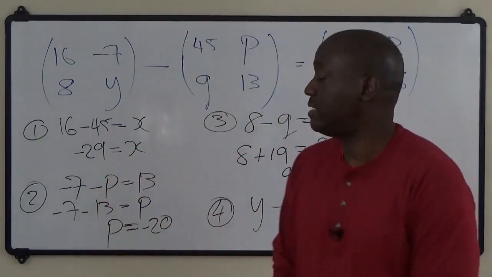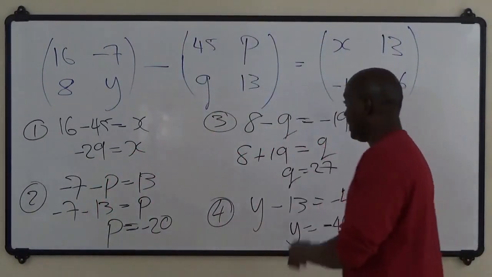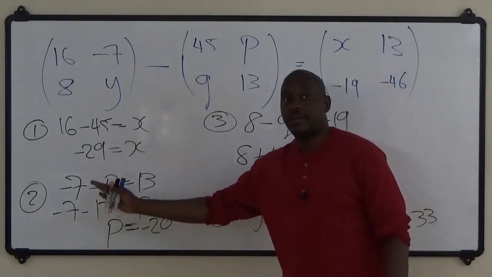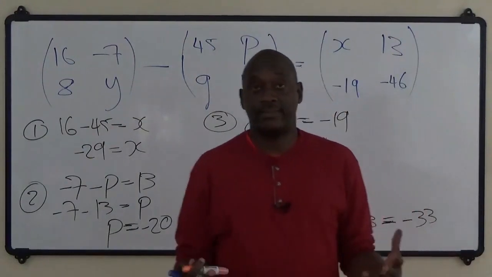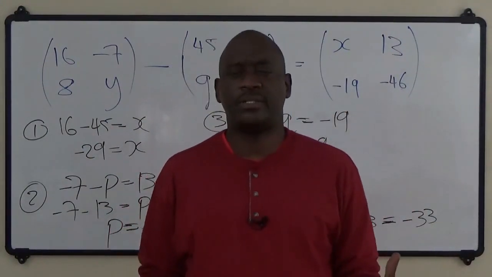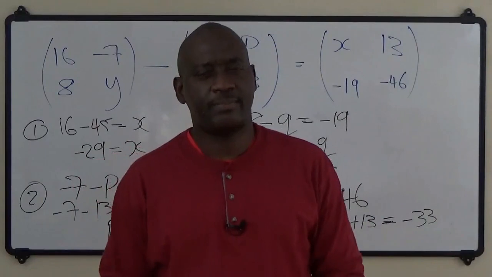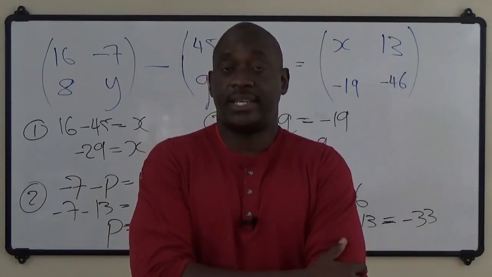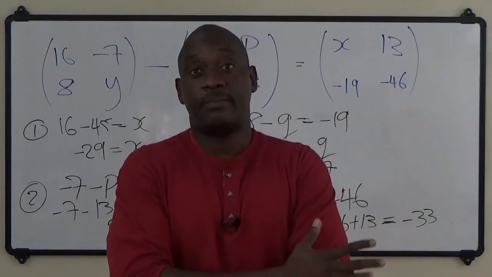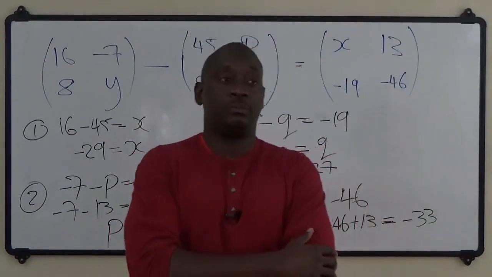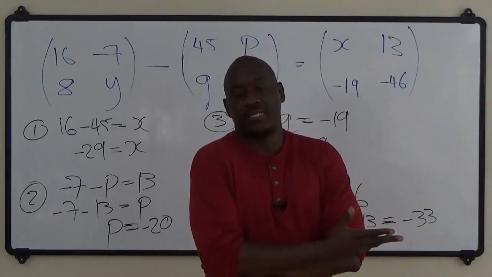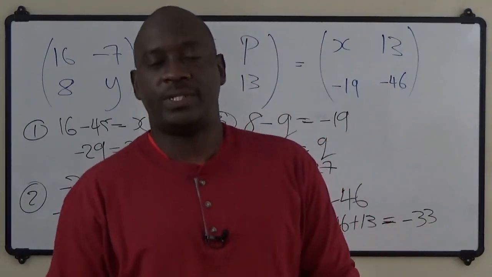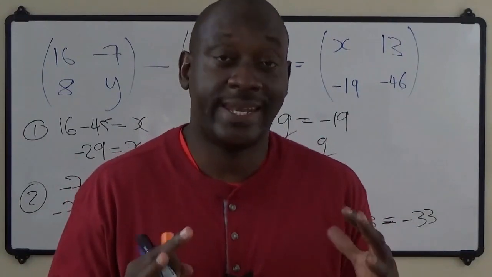Once you understand the concept, the only thing you have to do is be careful with your arithmetic, especially where the negative sign enters the picture. Because think about it. You really expect that you'll go in an exam and get matrices without a negative sign somewhere in there? No. You must get 1 or maybe 2 negative signs at least, minimum. So you have to be totally comfortable with addition and subtraction using negative quantities.